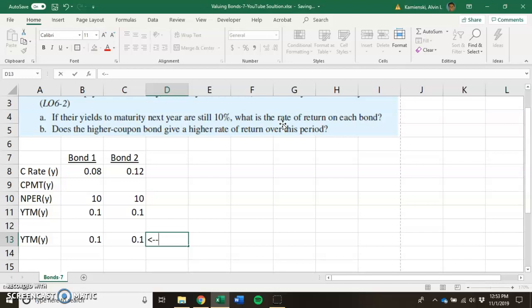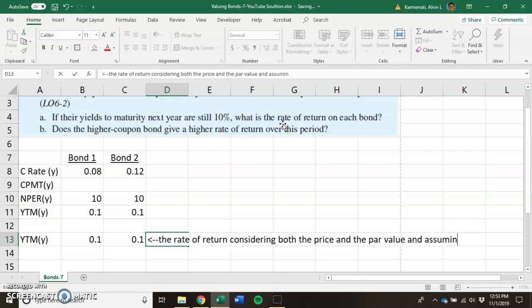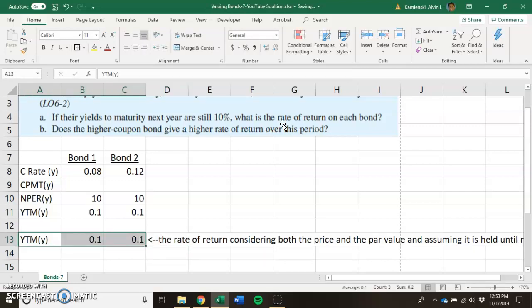The yield to maturity represents the rate of return an investor would earn considering both the buy price and the par value, and assuming it is held until maturity. By definition, that's the way we think about a yield to maturity. So the answer for this first one would be still 10%.